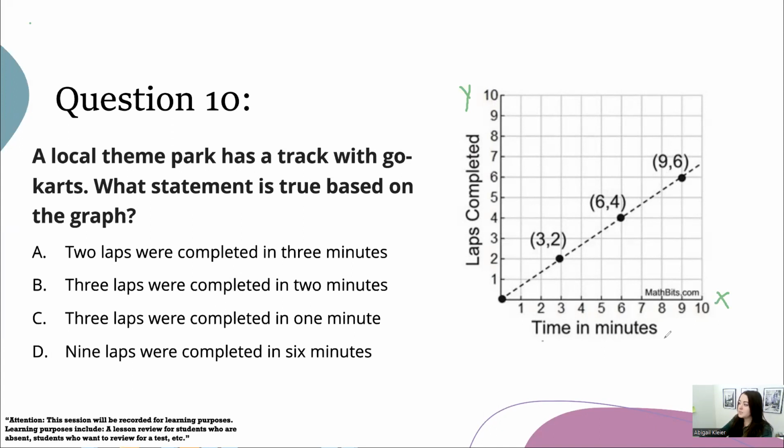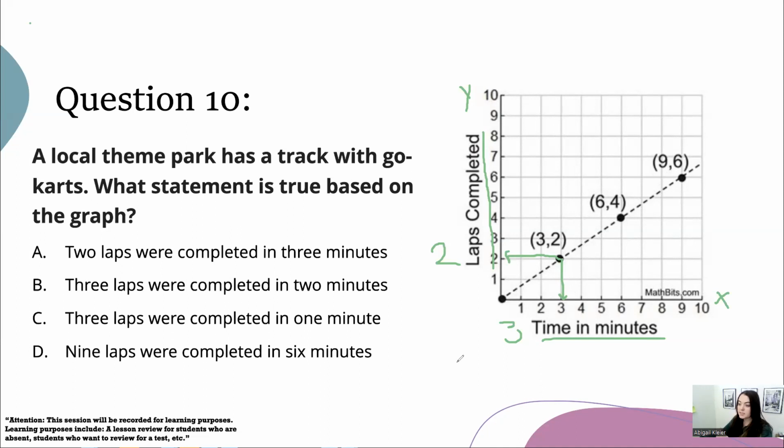My x-axis is labeled time in minutes. My y-axis is labeled laps completed. So I'm going to take a look at this point, 3, 2, and this lines up my x value at 3. So I know that this is talking about 3 minutes, and then my y value is 2 laps completed.